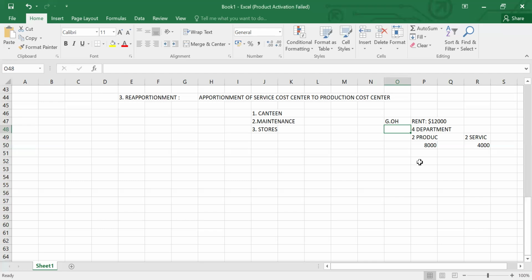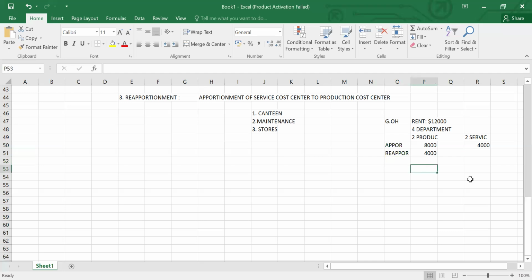So then in the next step, you charge this entire $4,000 to production cost centers. So this is apportionment and this is reapportionment. In reapportionment, simply the cost that is apportioned to service cost centers in the first step is apportioned back to production cost centers, right?